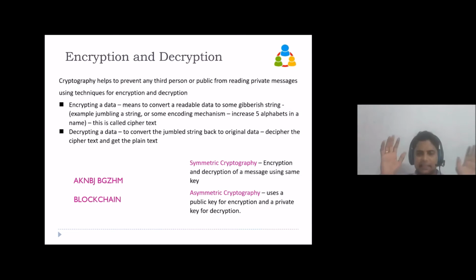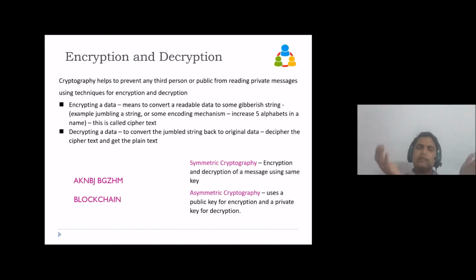Nobody else has access or information about Bob's private key. Only Bob has the private key, but Bob has exposed his public key to everybody. Everybody knows Bob's public key. They will encrypt the data using Bob's public key. Bob will be able to decrypt the data using his private key.